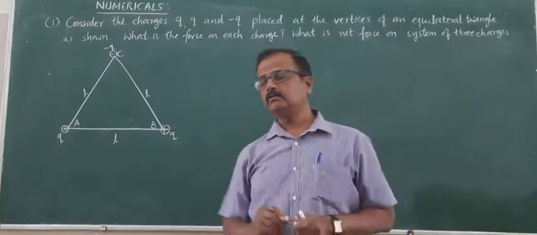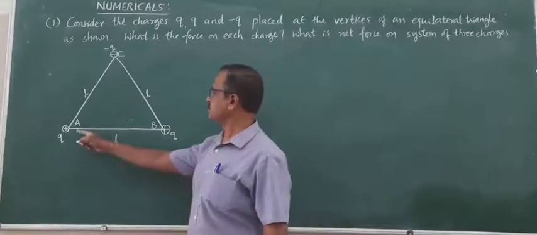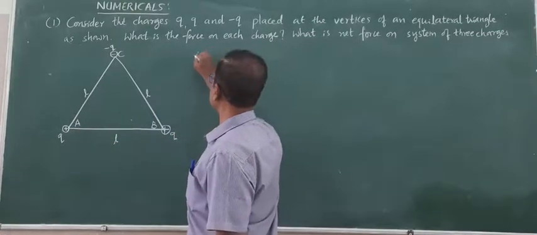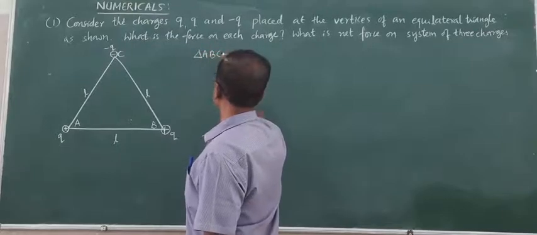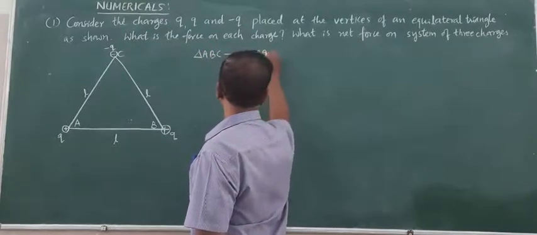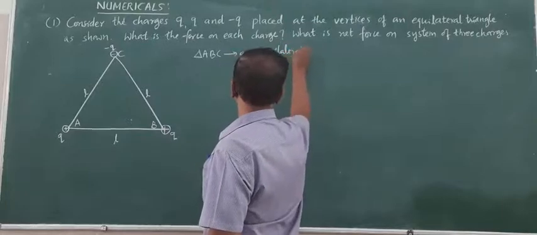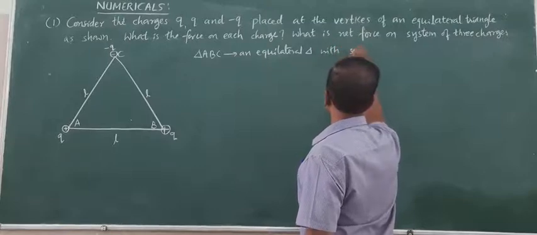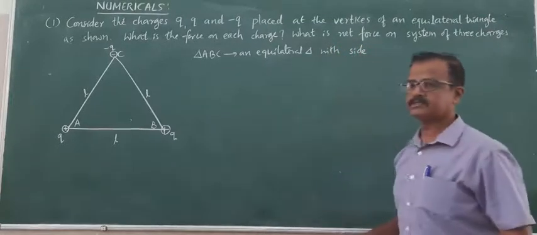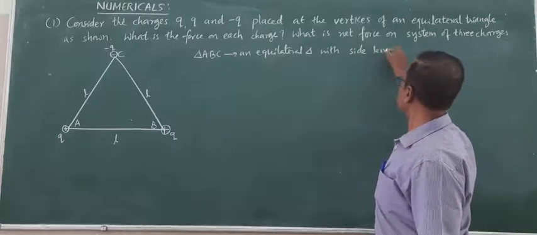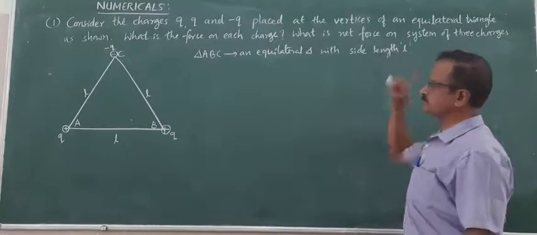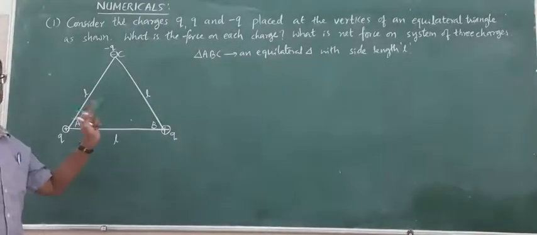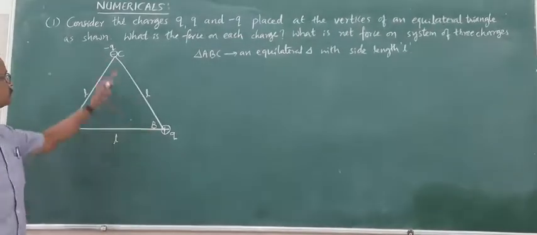Now, first of all, look at this equilateral triangle. Triangle ABC is an equilateral triangle with each side of length L. It means the distance between the pair of charges is L, any pair.